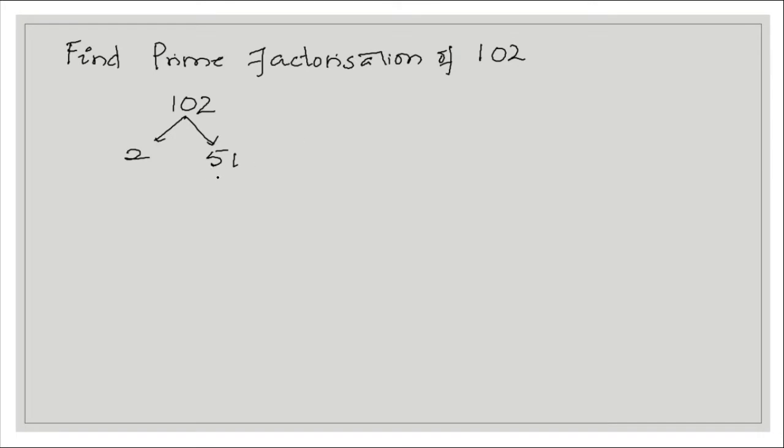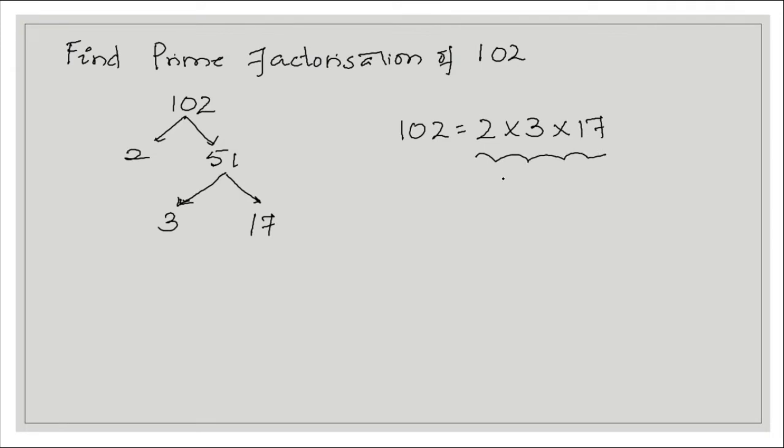This 51 is not divisible by 2. 5 plus 1 is 6, so it is divisible by 3. 3 17s are 51, and this 17 is a prime number. Therefore 102 is the product of 2 into 3 into 17. This is called as prime product or product of primes.